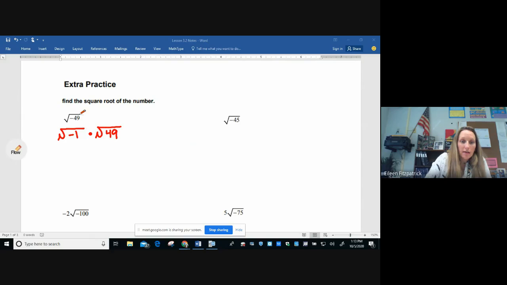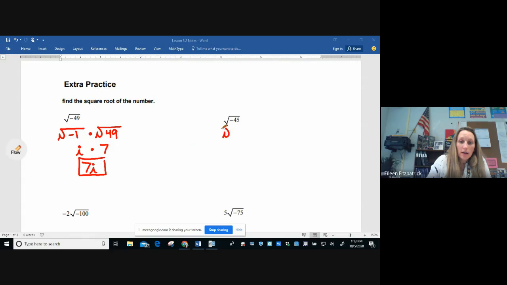I'm just rewriting the square root of -49 a different way. Now I know from today's lesson that the square root of -1 is i, and I know that root 49 is 7. I multiply together to get 7i.